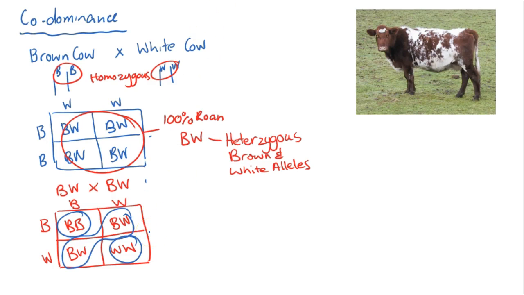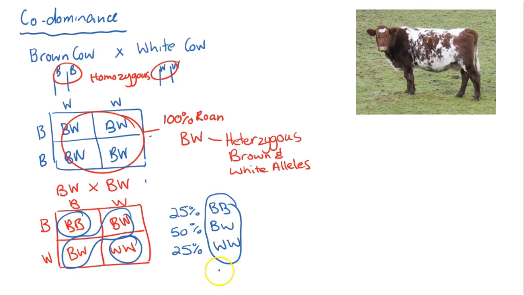So when you breed that second generation, you can have 25% brown, 25% white, and 50% will still be roan cows. Now remember, here's the genotypes of the possible offspring, and the phenotypes that we would see from those offspring would be brown, roan, and white.